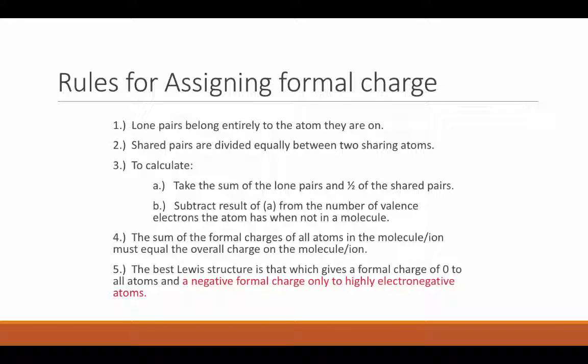The best Lewis structure is the one that gives a formal charge of 0 to as many atoms as possible, and a negative formal charge only to highly electronegative atoms. So things like fluorine, oxygen, and nitrogen may often have negative formal charges, and that's okay. When other elements have a negative formal charge, that may be problematic.